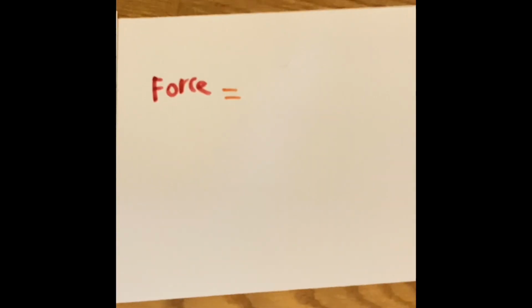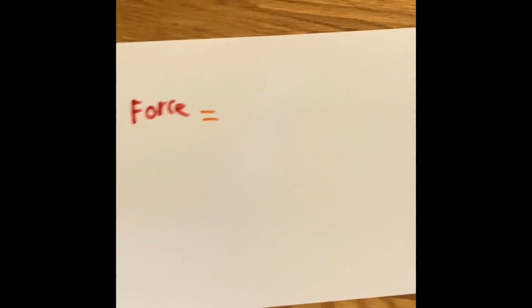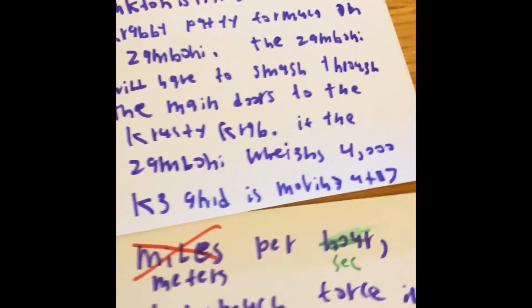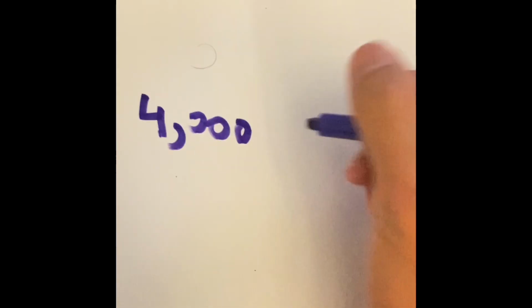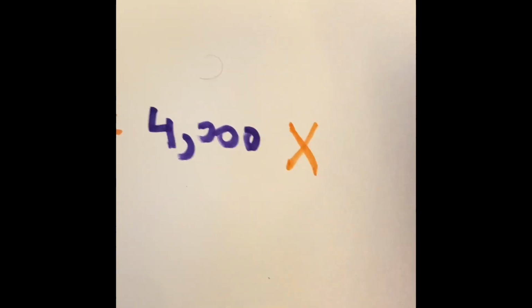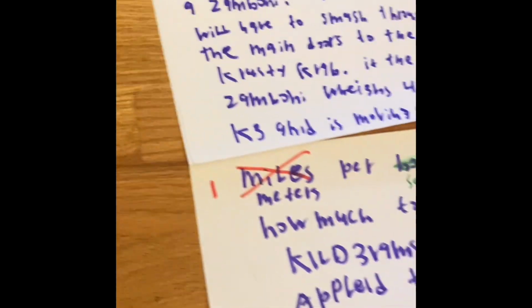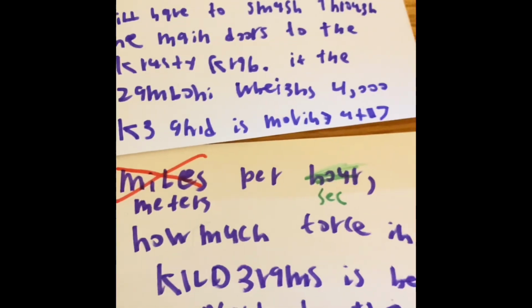We said earlier that the mass of the Zamboni is measured in kilograms, and it weighs 4,000 kilograms. So we're going to put 4,000 into the formula. After that, we multiply by the acceleration. The acceleration of the Zamboni is 17 meters per second squared, so we're going to put that right here.